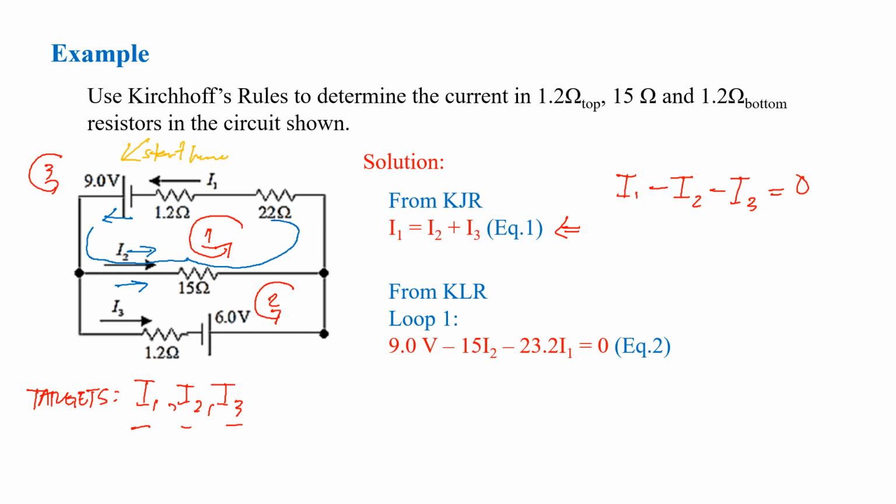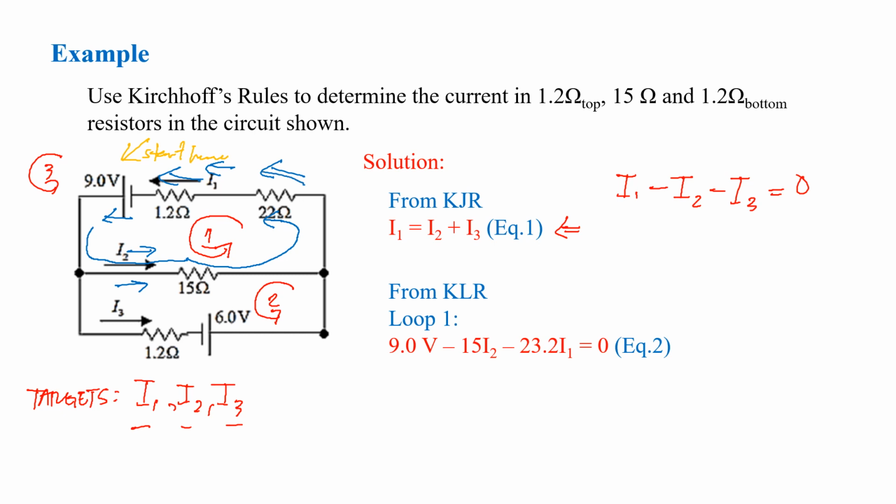And your current in your 22 ohms is going to the left, and you're also going to the left. So that means you move in the same direction. Since that is in the same direction, you have a negative 22 ohms. And you pass another resistor, which is your 1.2 ohms. Your current is still to the left, and your direction is still to the left. So that means you have negative 1.2 ohms.